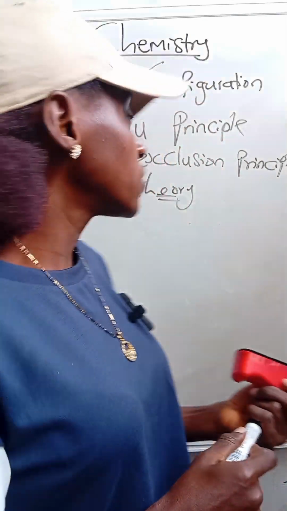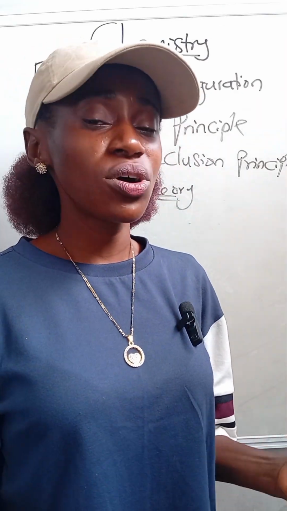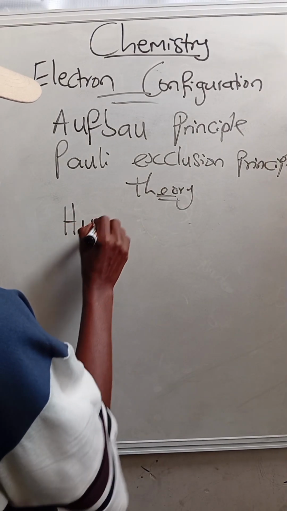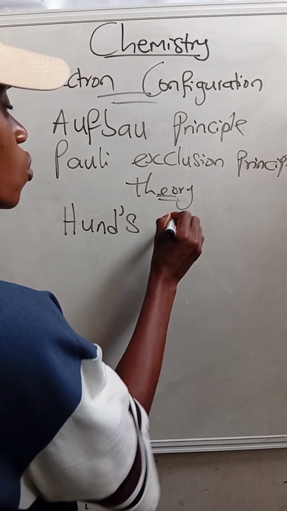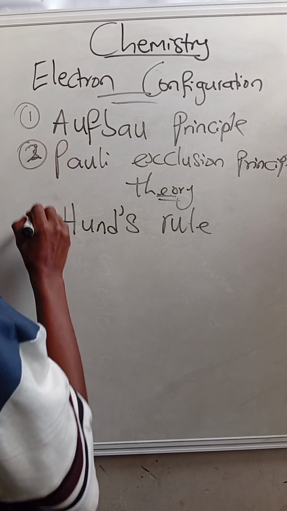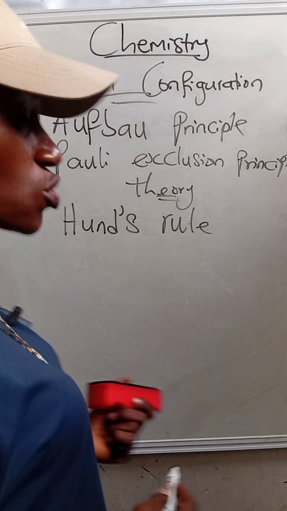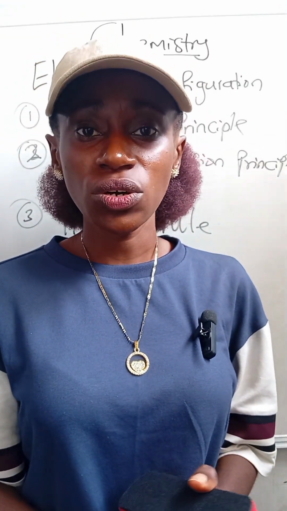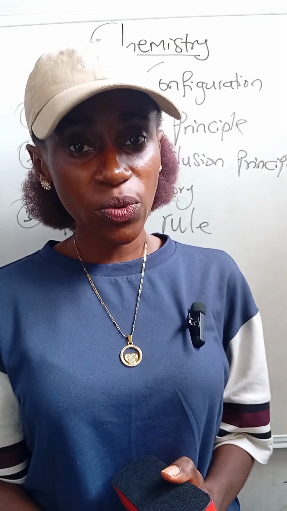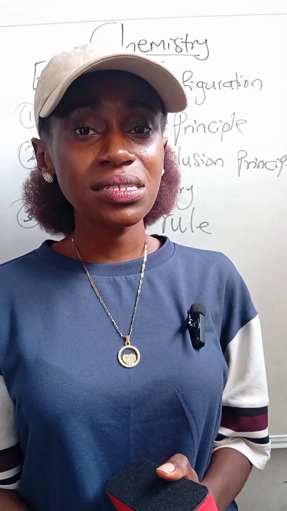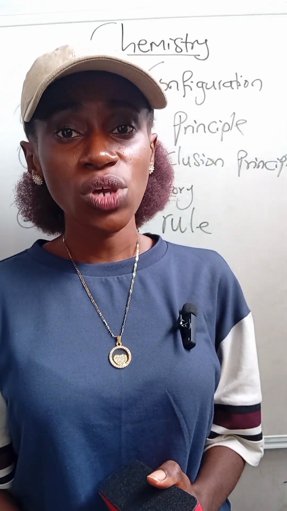So we have the first one as the Aufbau principle, the second one the Pauli exclusion principle, and then the third one, Hund's rule. These are the three principles guiding electron configuration.